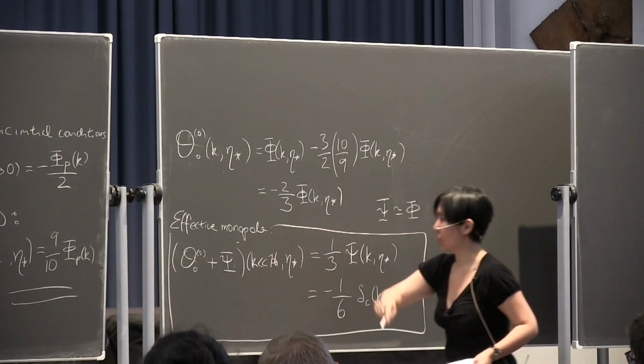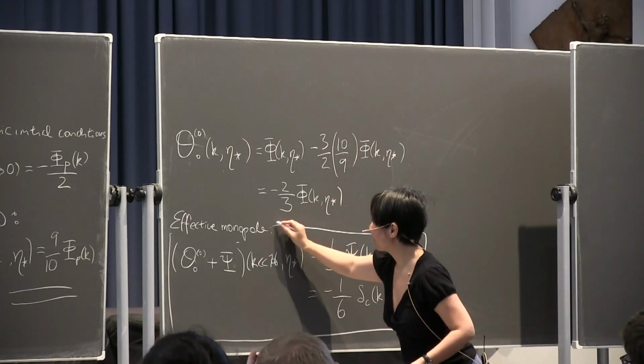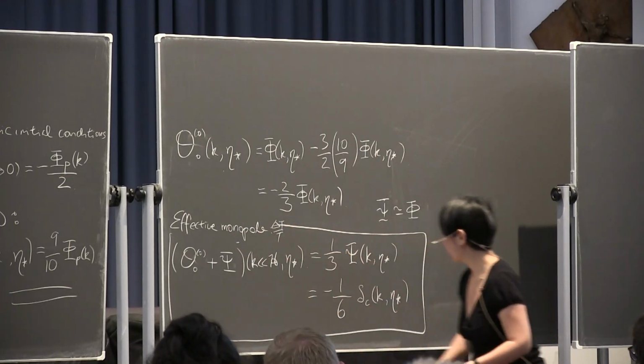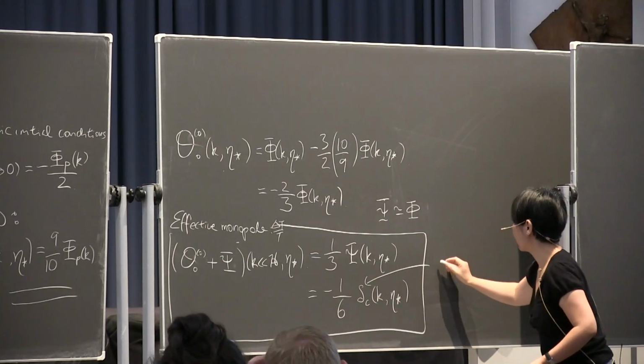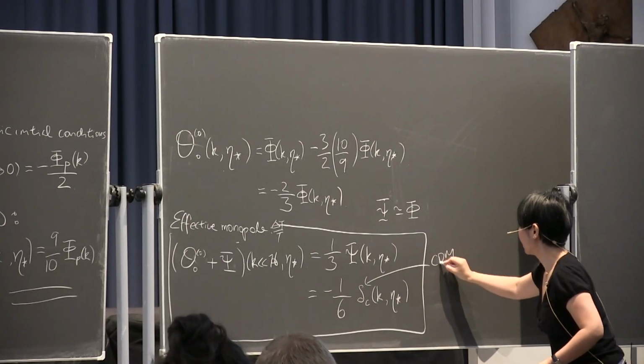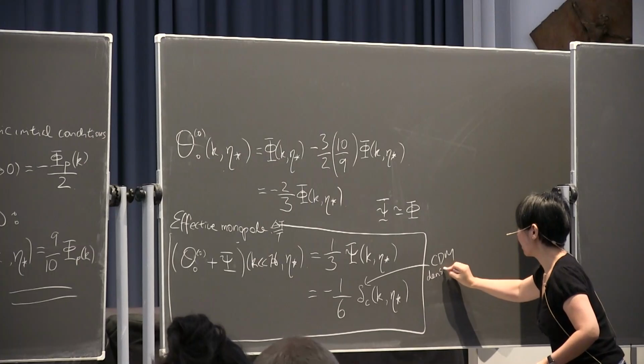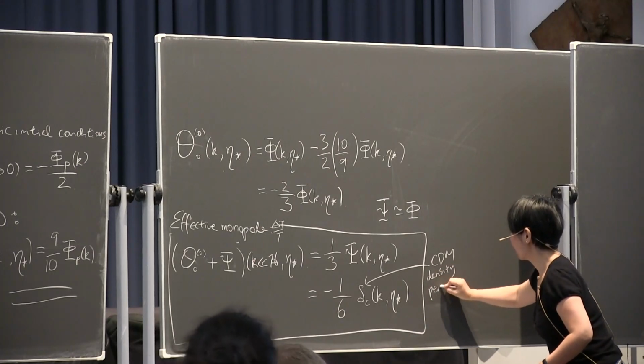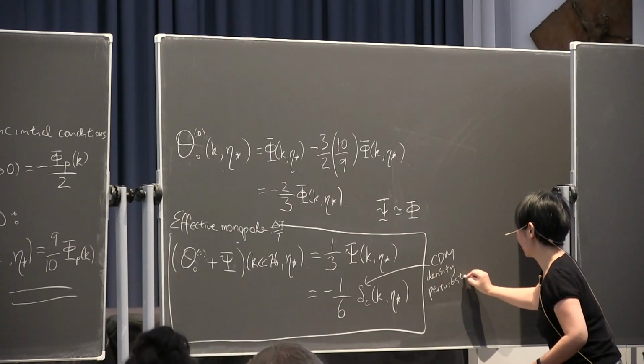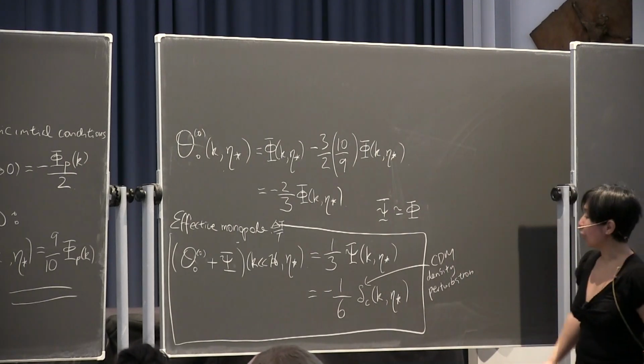So that's the effective monopole temperature fluctuation. This is the CDM density perturbation. Note the minus sign.